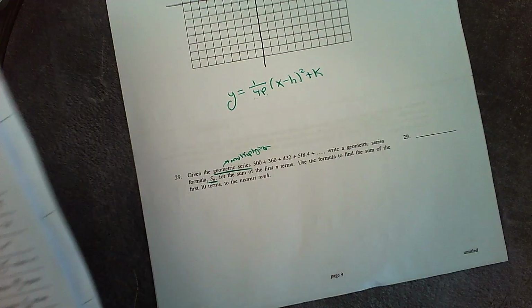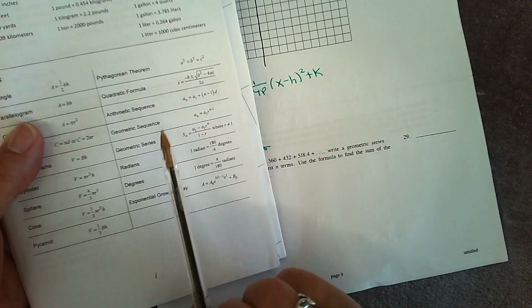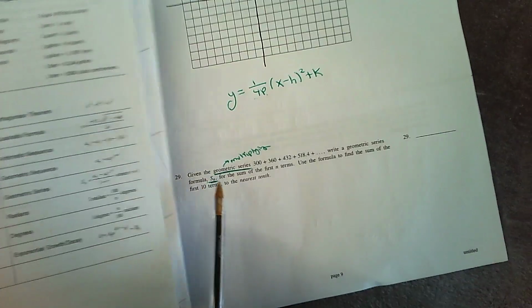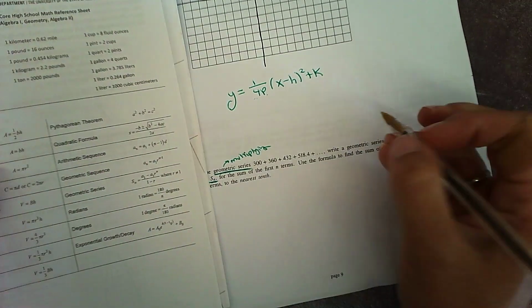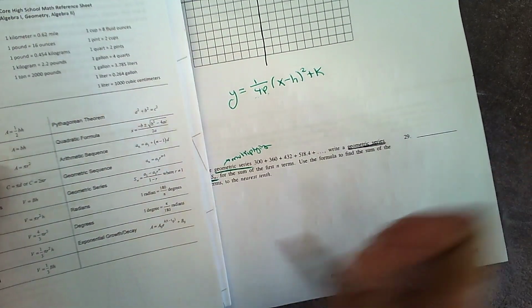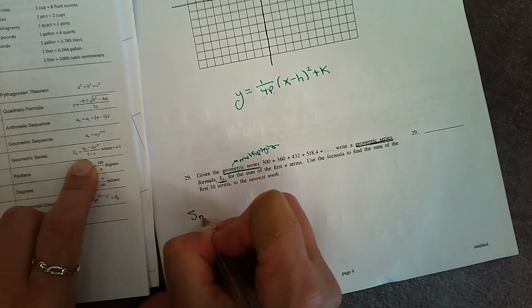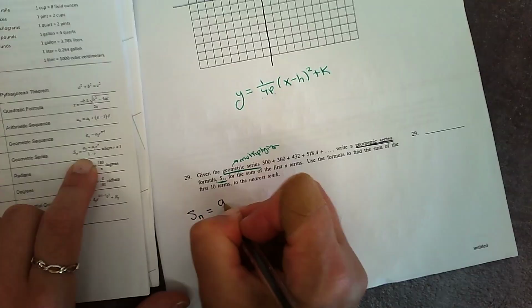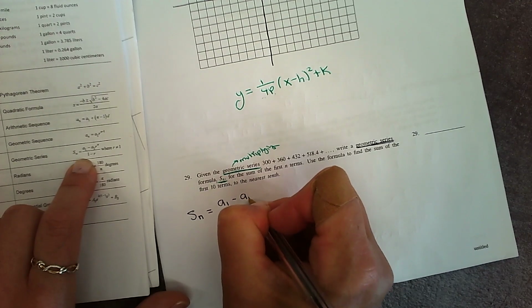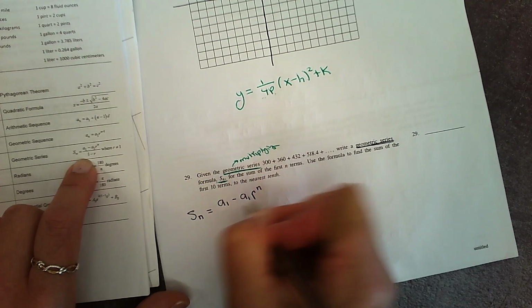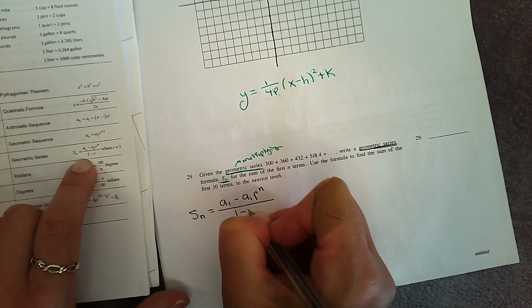We did these the last couple days of school. Geometric series. That's literally what they're asking for. See the geometric series? So we're going to write this formula down. Sn equals A1 minus A1 r to the n, all over 1 minus r.